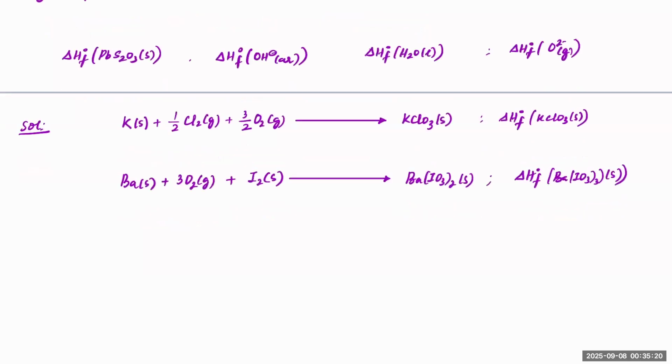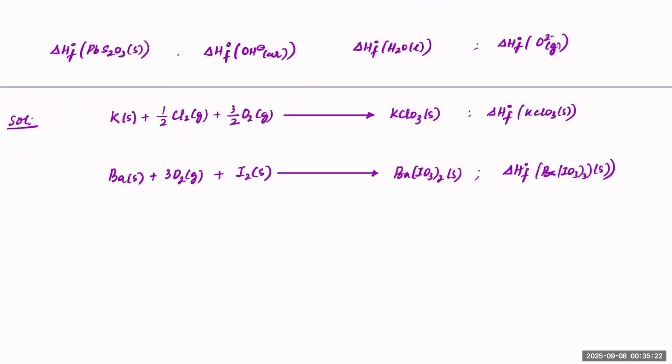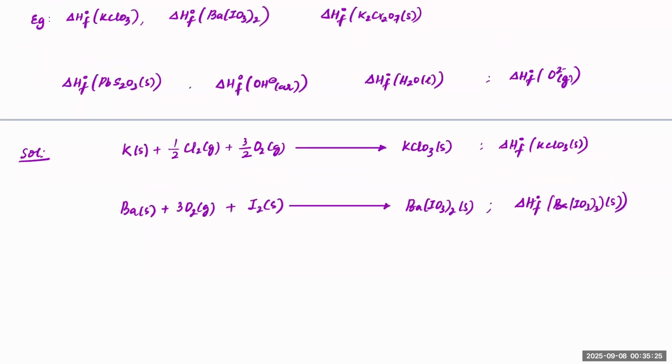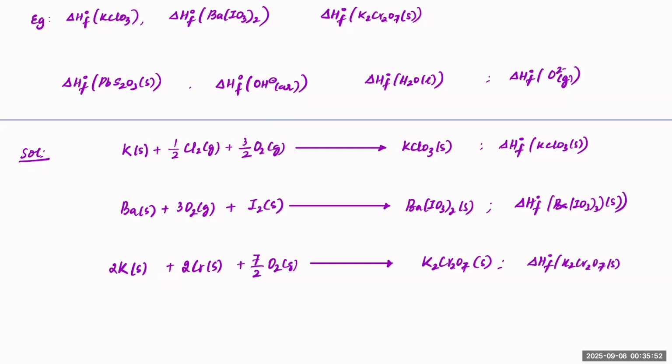Clear? Next, K2Cr2O7. So K solid 2 moles plus 2 moles of chromium solid plus 7 by 2 moles of O2 gas gives K2Cr2O7 solid, which is orange colored crystals. So these orange crystals of K2Cr2O7 solid are what we are representing.